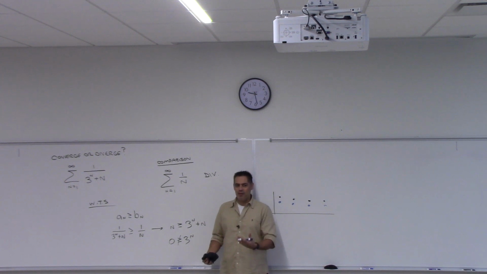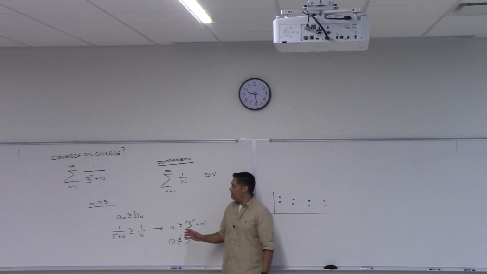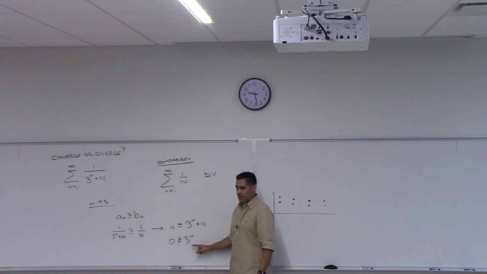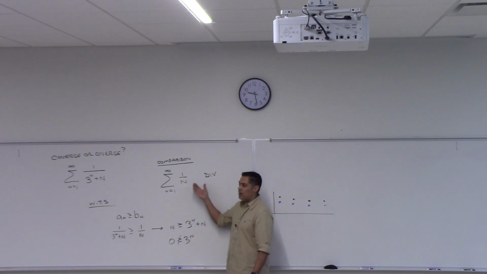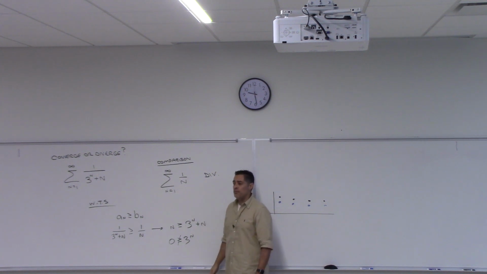So this is an important idea of just logic. Our test said that we wanted to show that this was true, and we weren't able to show that, because we were comparing it to a divergent series. So what conclusion can we draw? Absolutely nothing. We know nothing more than when we started the problem.